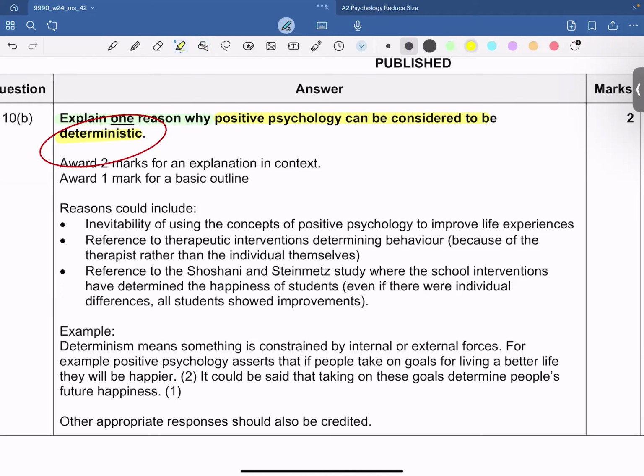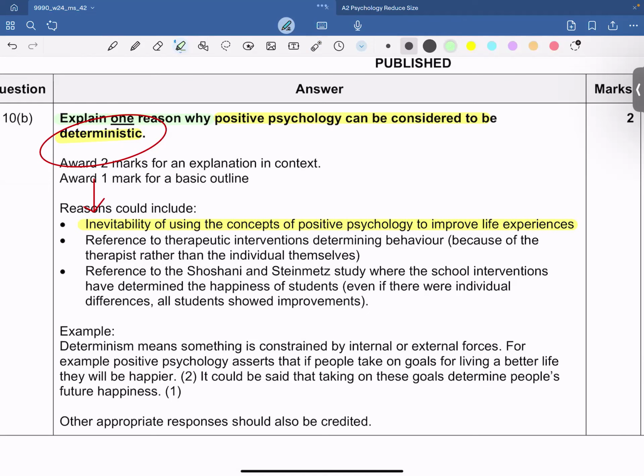Now, having a look at the reasons that could possibly be your answer: number one, inevitability of using the concept of positive psychology to improve life experiences, inevitability or unavoidability, or the idea that positive psychology is essential to be able to improve your life experiences.